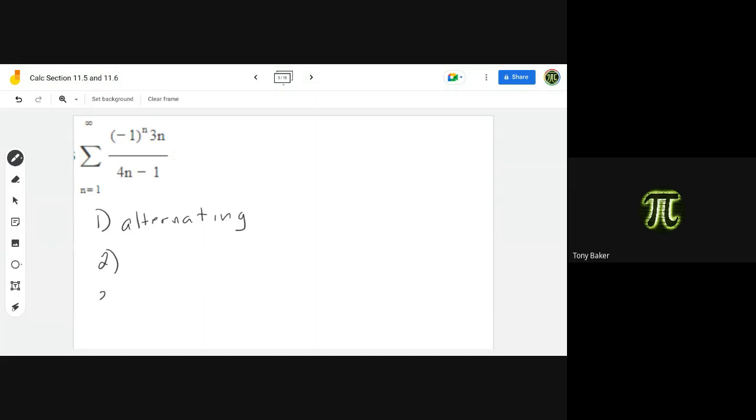Since this is still technically working with the alternating series test, we're going to assume it's alternating for a second. So, is this series alternating?